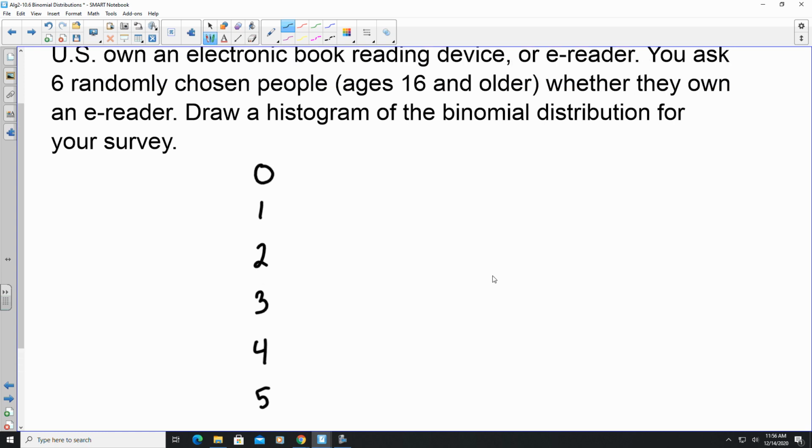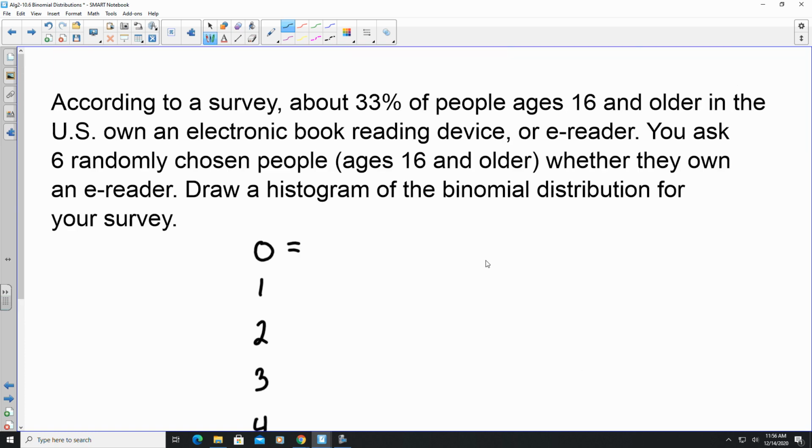To determine the probability of getting 0 people, or 6 of the 6 randomly chosen people saying they don't own some type of electronic book, you're going to look at the combination of how many people were randomly chosen, in this case 6, and how many said they did, in this case 0. You multiply it by the number of successes.